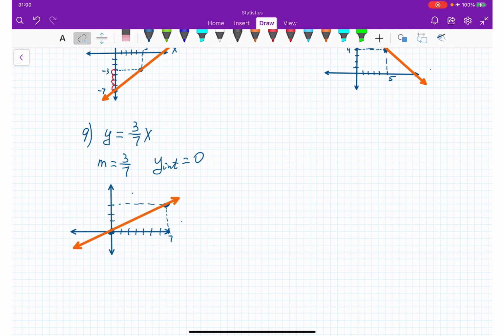Okay. Question number 10. x equals 4. Let's graph it. It's asking to graph.